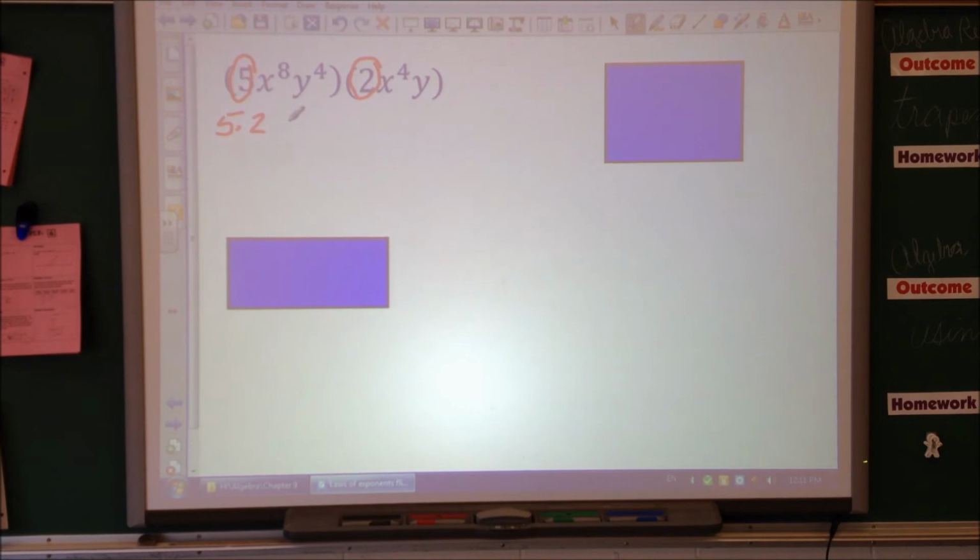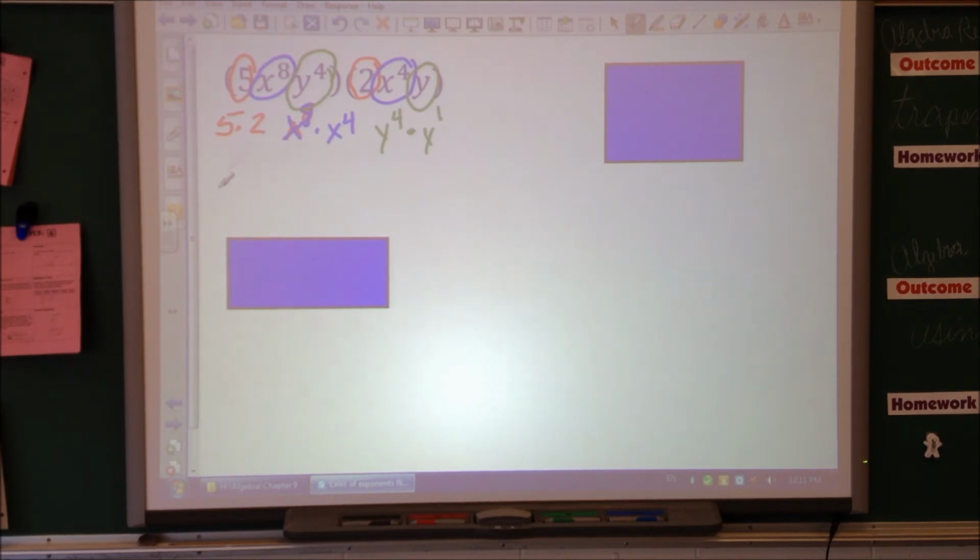Now this is x to the 8th times x to the 4, and then this is y to the 4 times y. And remember what that means: that means simply y to the 1.